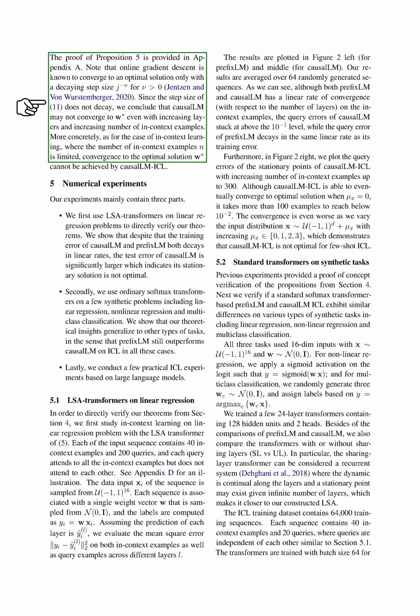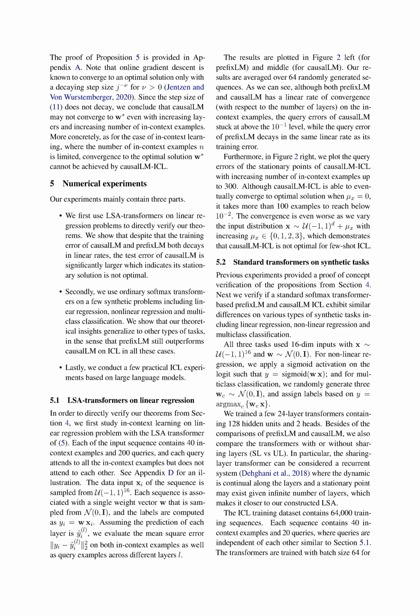However, online gradient descent is known to converge to an optimal solution only with a decaying step size. Since the step size does not decay in this case, we conclude that causal LM may not converge to the optimal solution even with increasing layers and increasing number of in-context examples. Specifically, in the case of in-context learning, where the number of in-context examples is limited, convergence to the optimal solution cannot be achieved by causal LM.